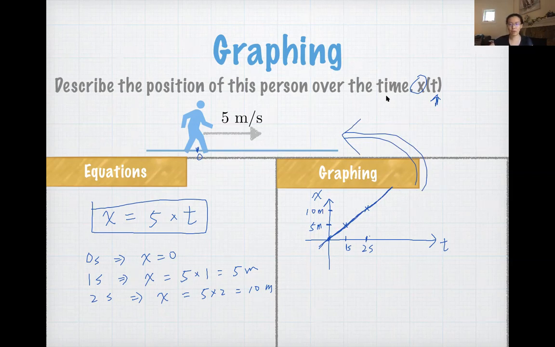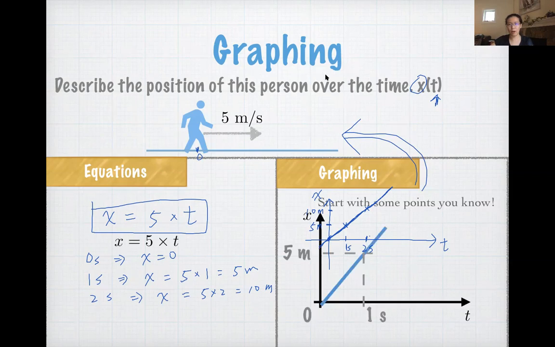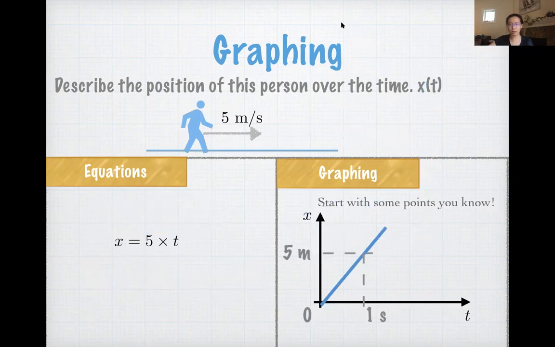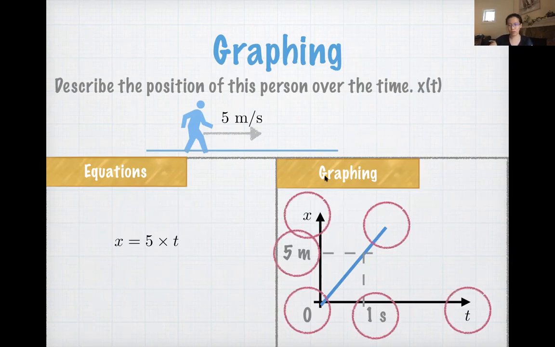So when I am drawing this graph, there are a few things that I want to look at. For example, this is an important one: you need to indicate the axes to tell people what is on the vertical axis and what is on the horizontal axis.